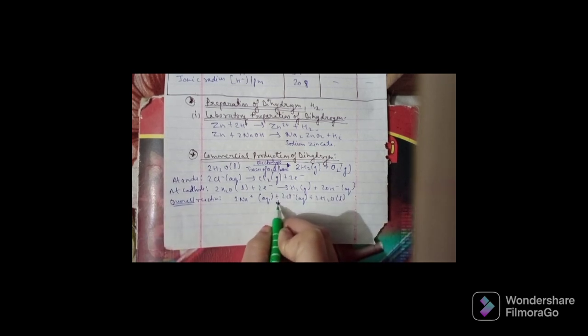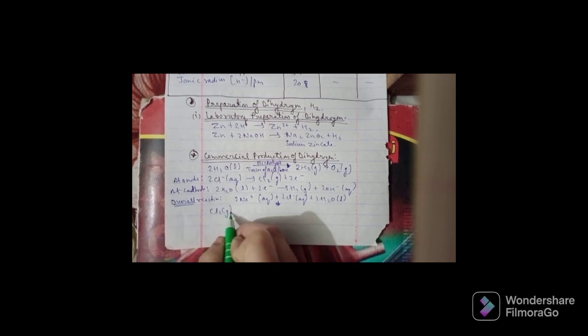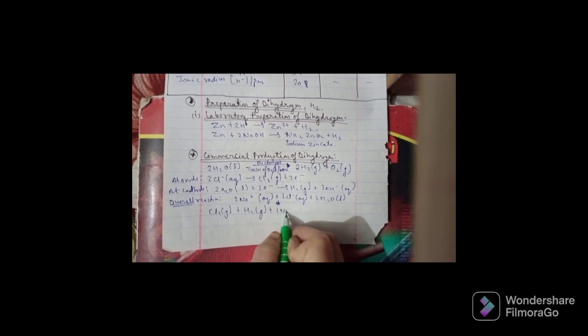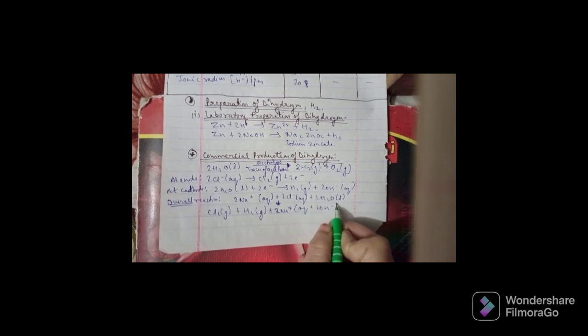It will give you Cl2 gas plus H2 gas plus 2Na plus aqueous plus 2OH minus aqueous.